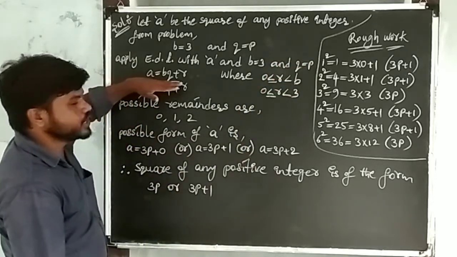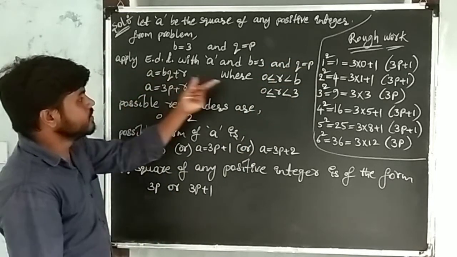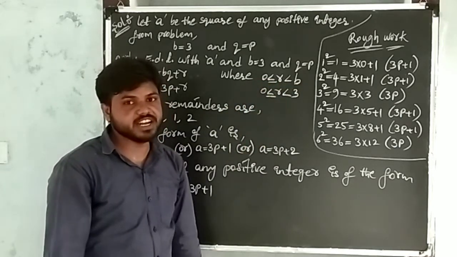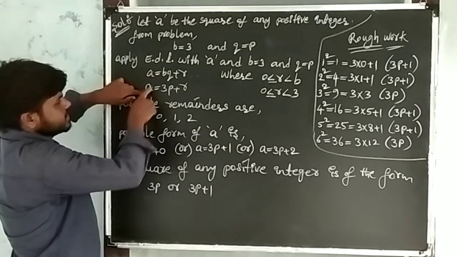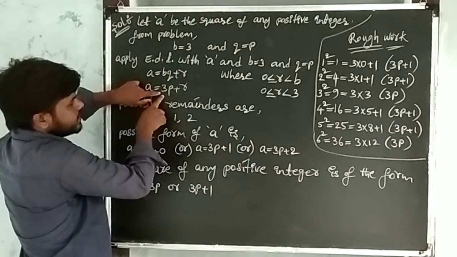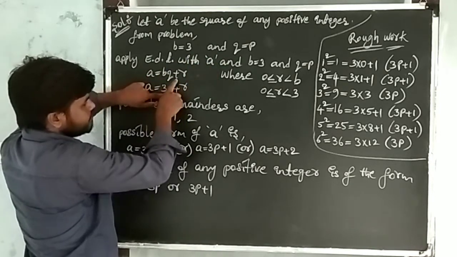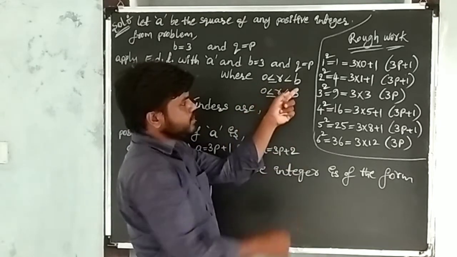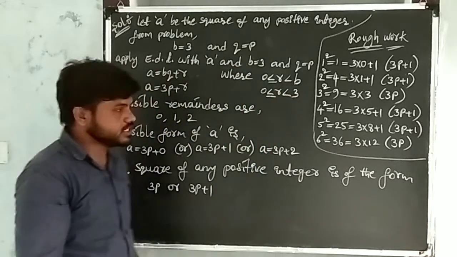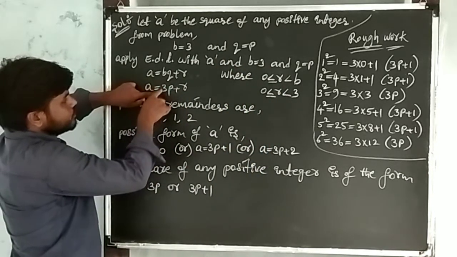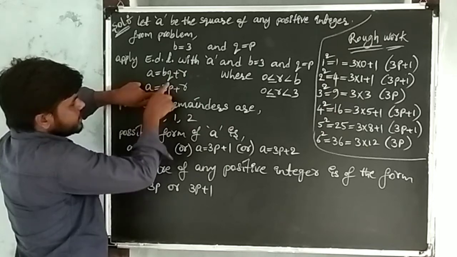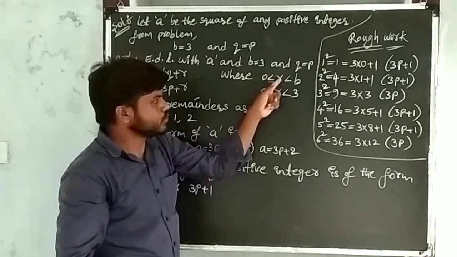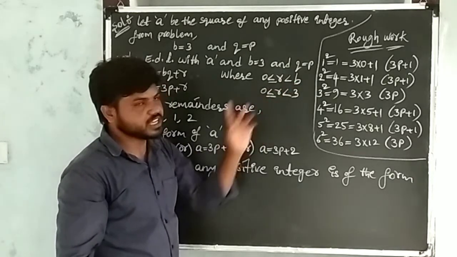a equals bq plus r is the Euclid division lemma, where the remainder is greater than or equal to 0 and less than the divisor b. I write a as b value, which is given as 3, times the quotient p, plus remainder r, where 0 is less than or equal to r, less than b value, which is 3.